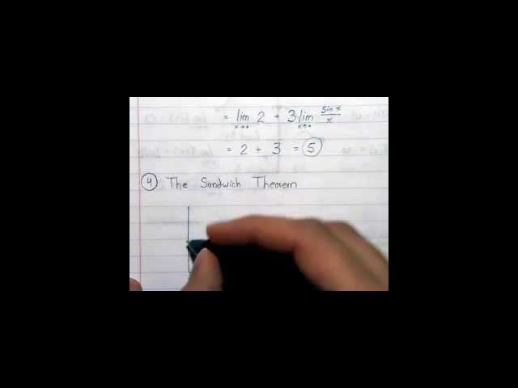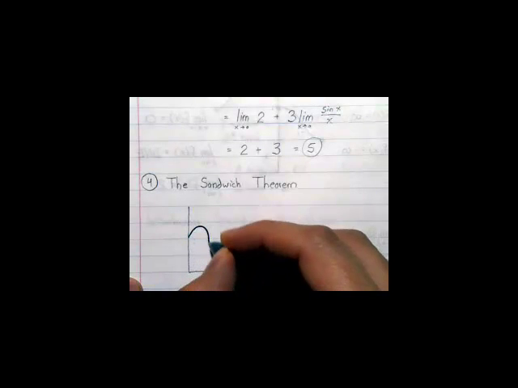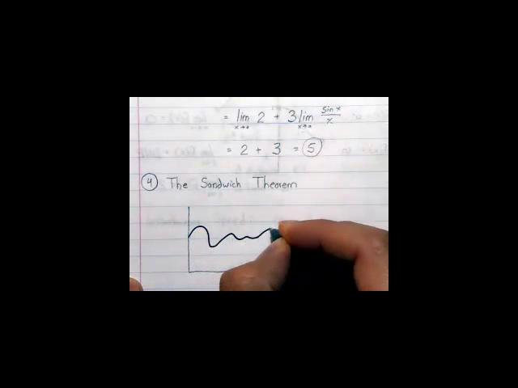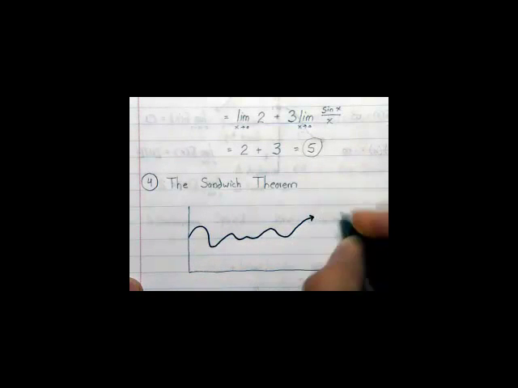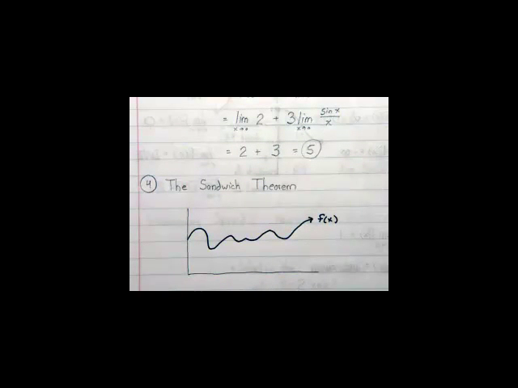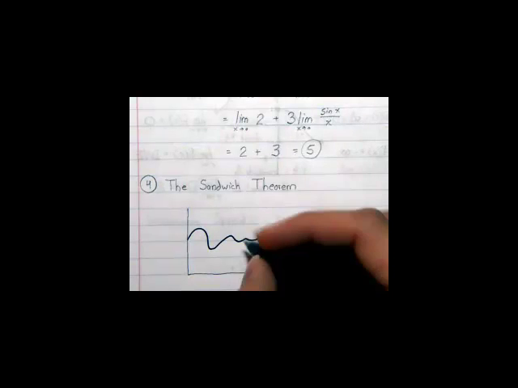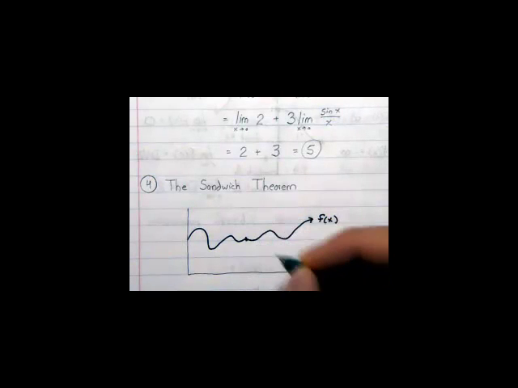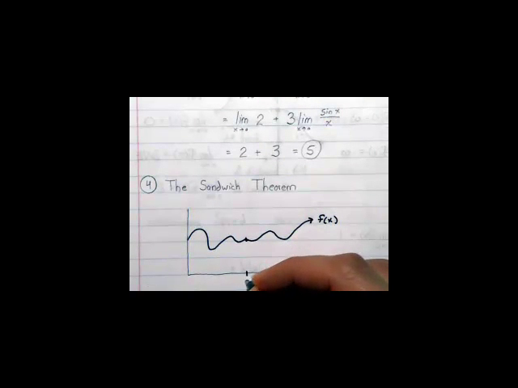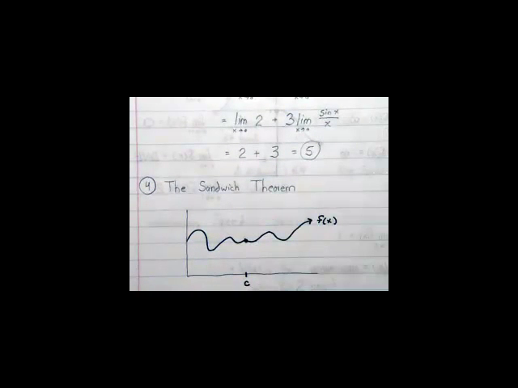Let's say I've got some function f of x heading along there, and I want to know what's the limit of that function at c, right there. So what's that limit right at that spot? And let's say for whatever reason I cannot calculate it by hand.